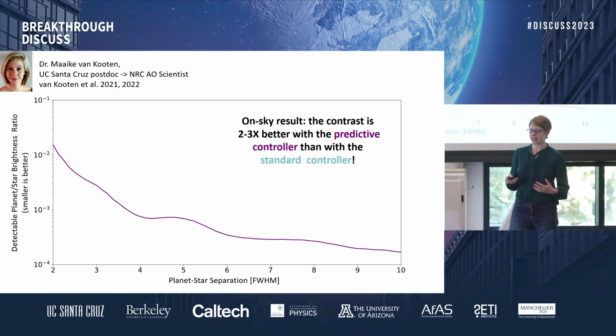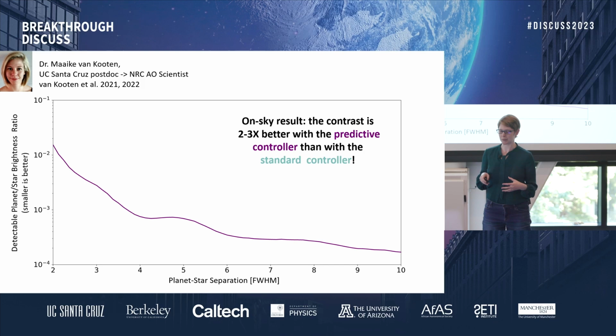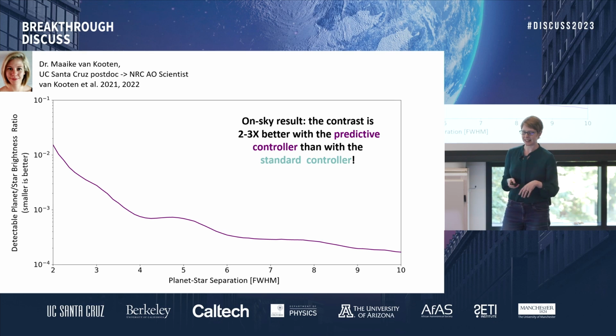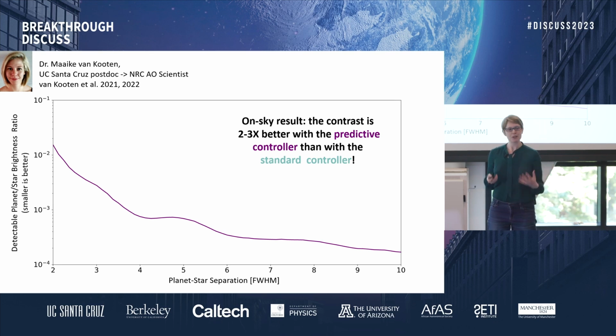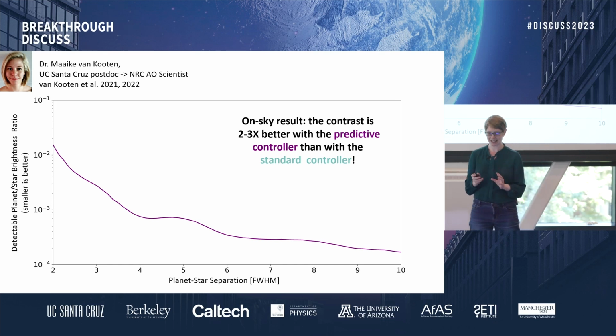I wanted to know if I deployed this at my local observatory, WM Keck Observatory, what might that benefit be in reality, and then how could I tackle those real world problems that might be limiting our performance? So I got together with a postdoc in my group who's now an AO scientist at NRC, Maaike van Kooten, and we worked with the Keck Adaptive Optics team to implement this method on the Keck AO system.